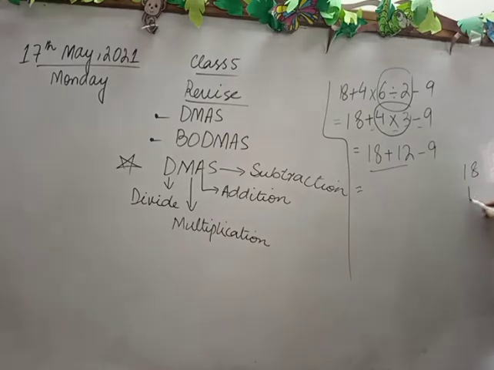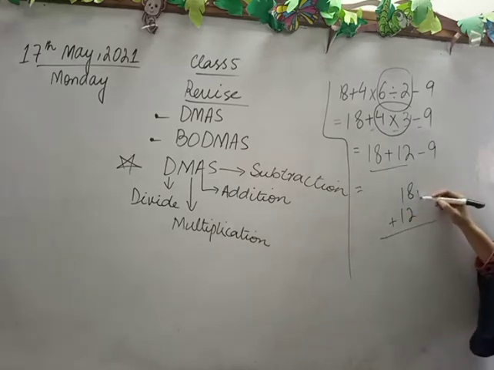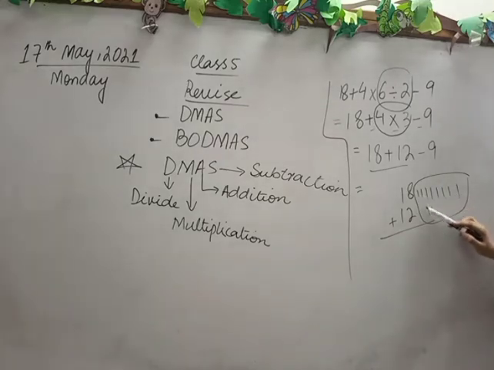So 18 plus 12. We have 8 for upper and 2 for lower. So 1, 2, 3, 4, 5, 6, 7, 8 and 2 for lower. Fine. So in the end we have 1, 2, 3, 4, 5, 6, 7, 8, 9, 10.